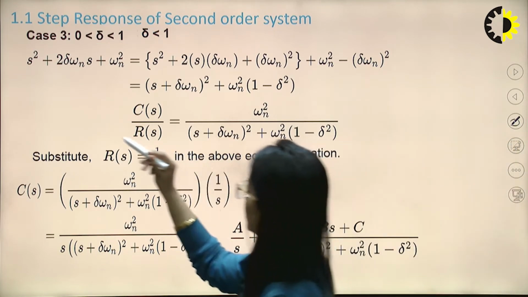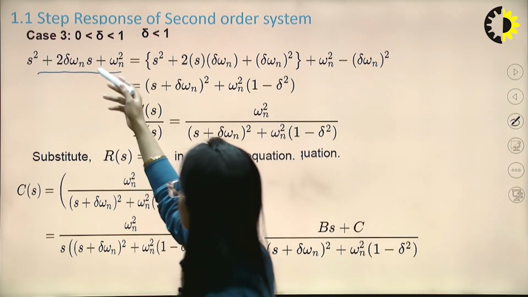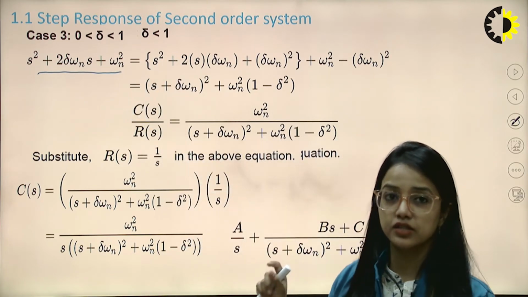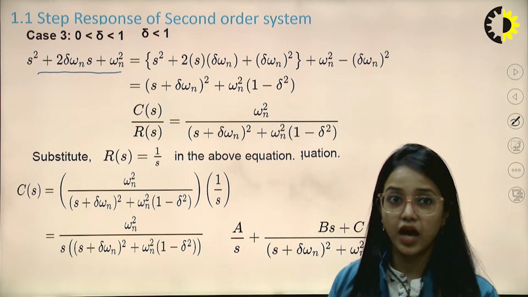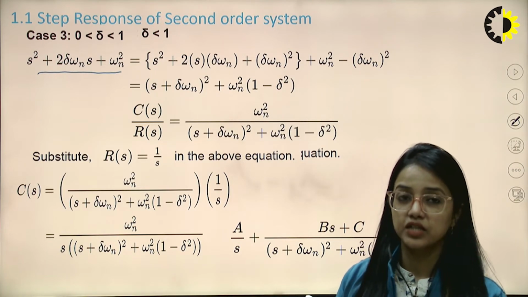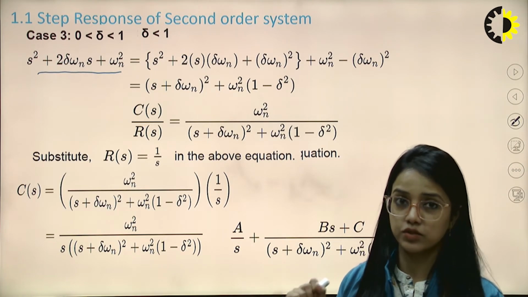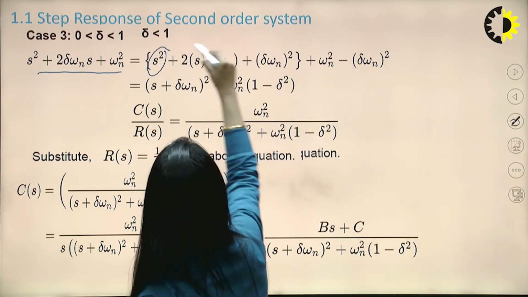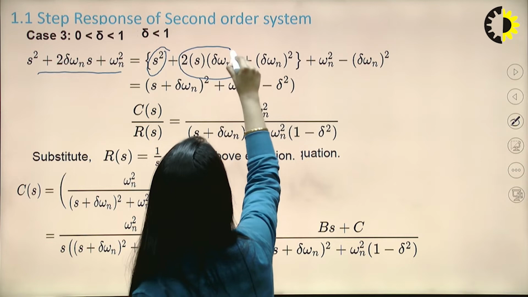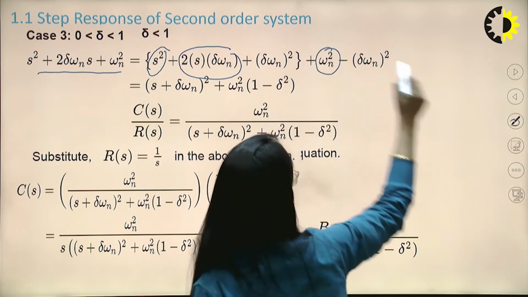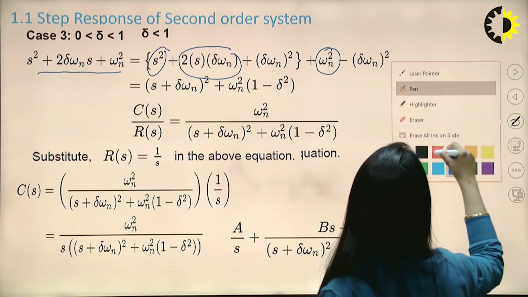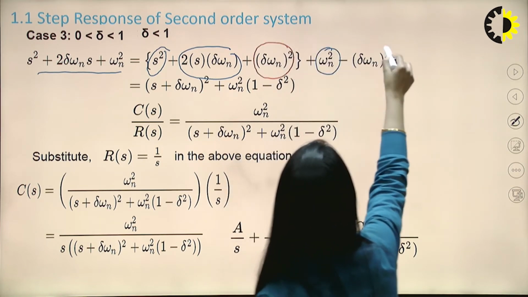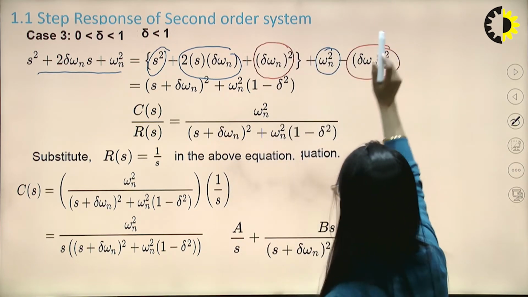Now what is happening? To break this and simplify this term, we are just adding and subtracting zeta omega n whole square. So this term was already there, and this term was already there. The two new terms which have come into the picture are plus zeta omega n whole square minus zeta omega n whole square.